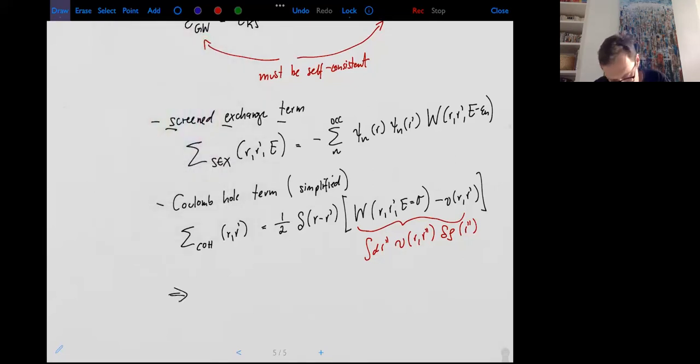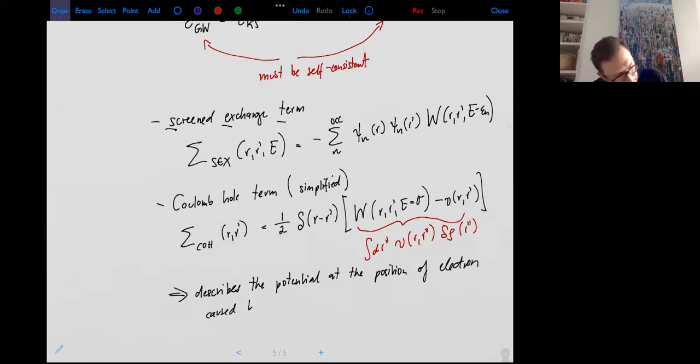So it describes the potential at the position of the electron caused by the induced charge density.